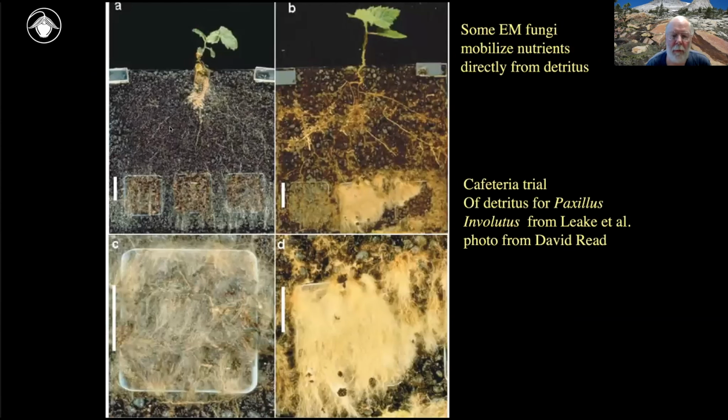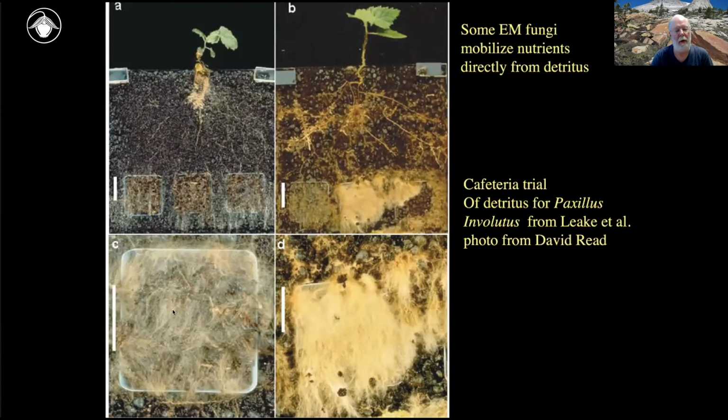So this shows some of that. These are little microcosms from the group up in Sheffield, England, Jonathan Leake and David Read. What you've got is a little birch seedling here, growing in peat moss. And then here they've given it what they call a cafeteria experiment, where they put different types of litter out to see what the fungus will do when it reaches it.